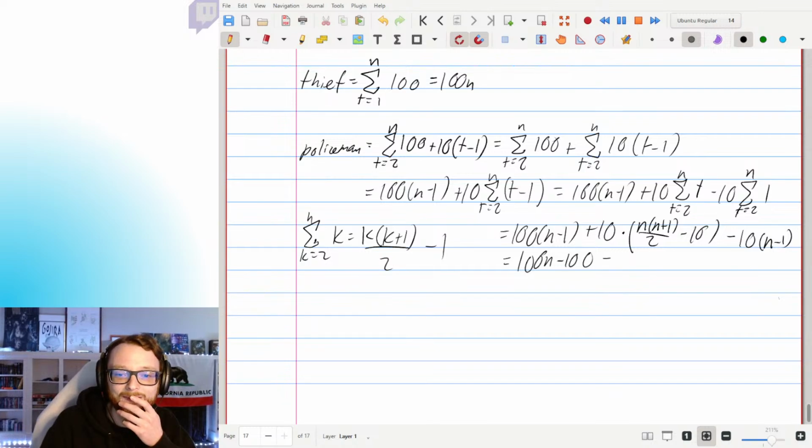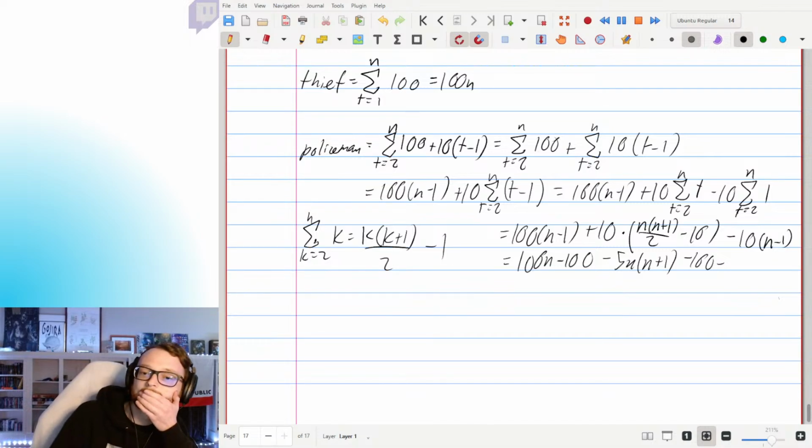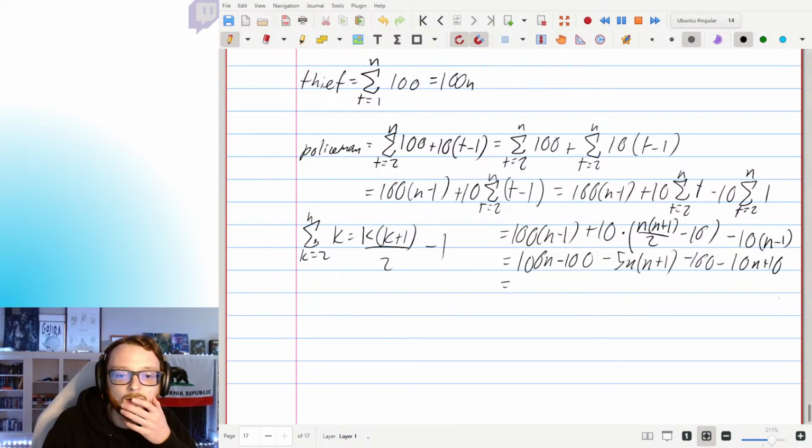I do want to get to the bottom of this crazy summation thing that I have. Okay. So we're going to get a minus 5n squared out from 100n minus 5n is 95n minus 10n is plus 85n.